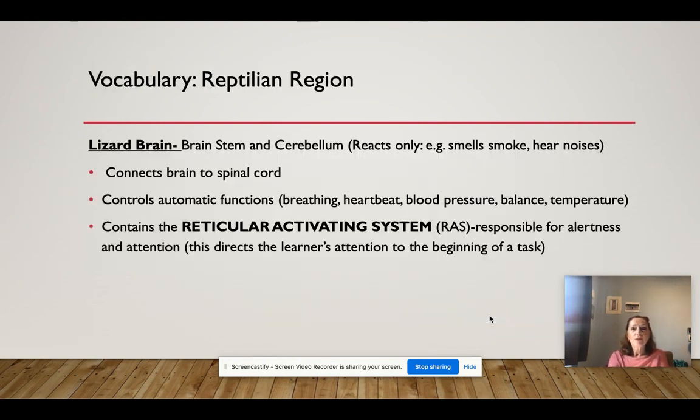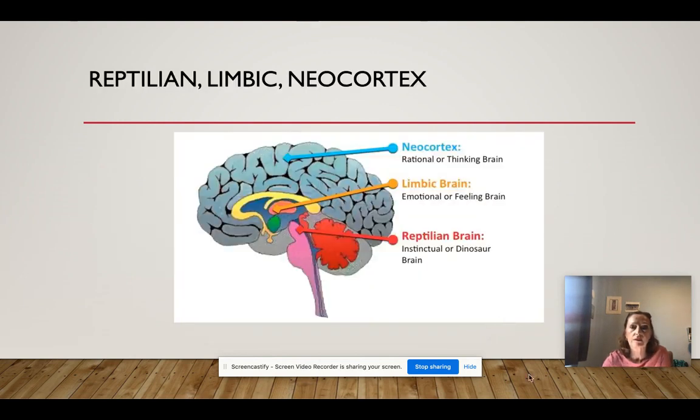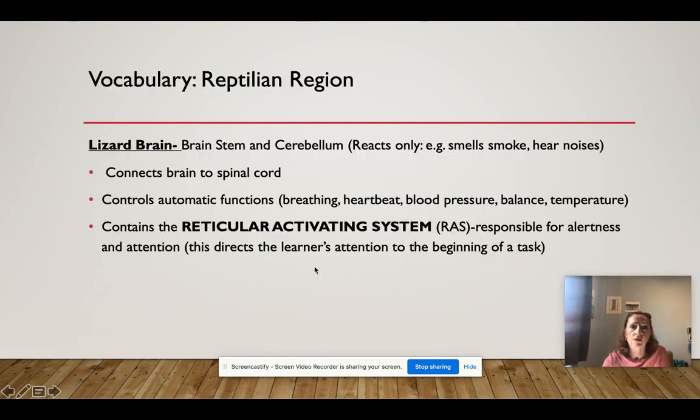So with the reptilian region of the brain, the lizard brain, this, as you saw, was the brain stem. So if we just go back here, this is the brain stem right in here. And it's also the cerebellum. This is the part of our brain that, if we're sleeping and we smell smoke or we hear noises, we wake up.